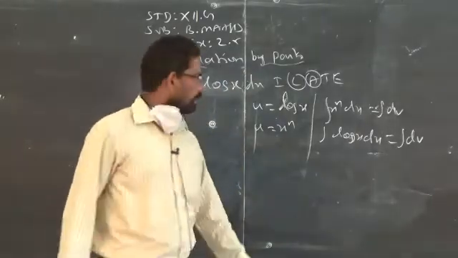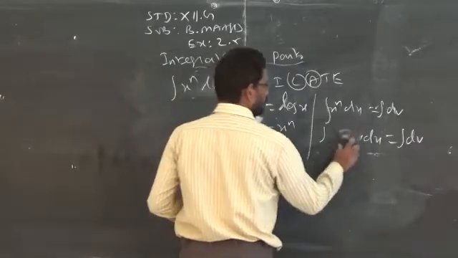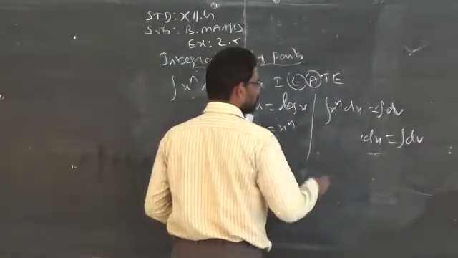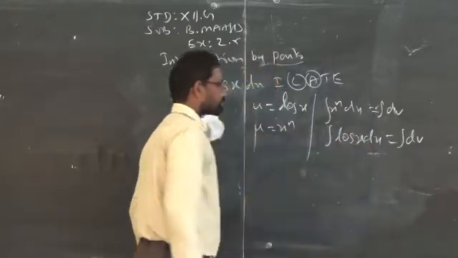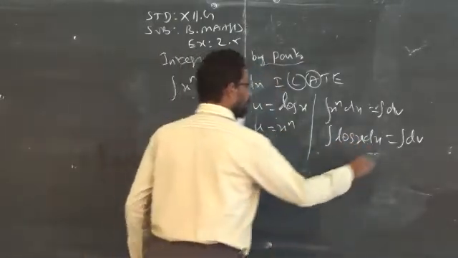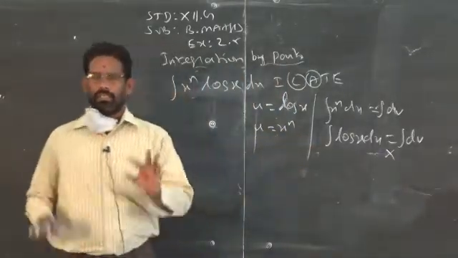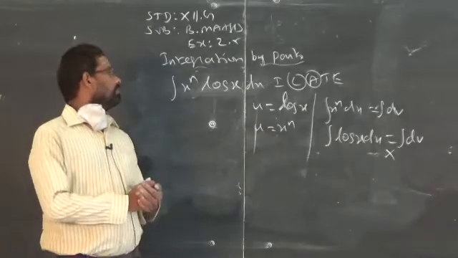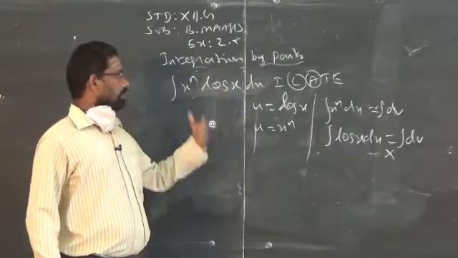We don't have a formula for straightaway integration of log x. There is no formula given for log x in integration. Therefore, if you consider it like this, you will never get the answer. It is not able to find the solution for x power n into log x.